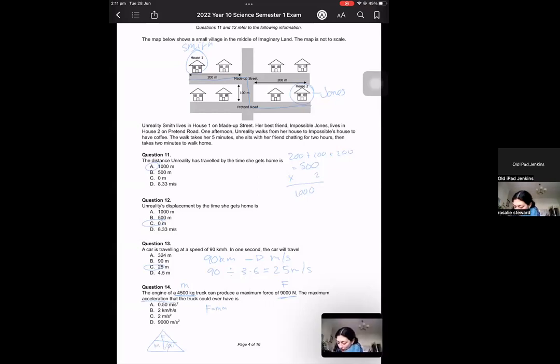I cover up acceleration, which is the thing I want to find, and then I look at the relationship between the two. So force is on top of mass. Acceleration equals force over mass, 9,000 divided by 4,500, and that will just equal 2. When we're doing acceleration, it's meters per second squared is the unit. Yep, it's right there. Perfect.